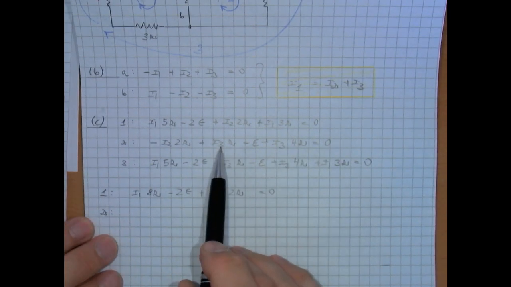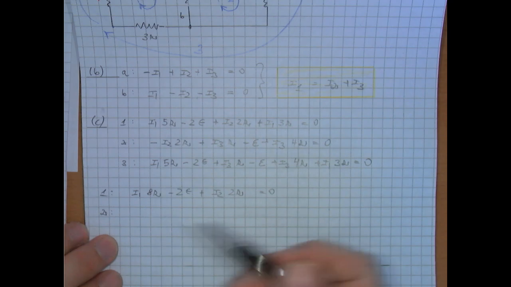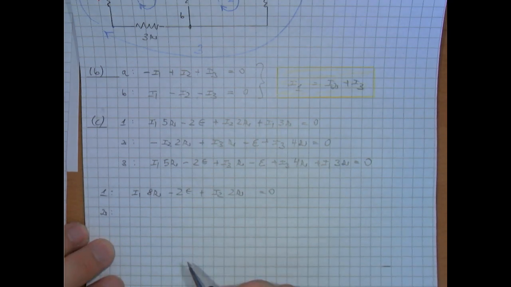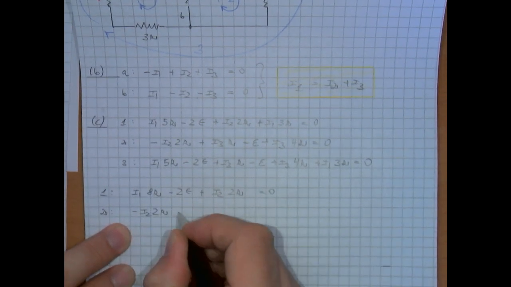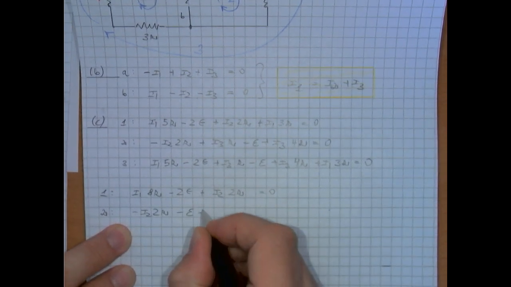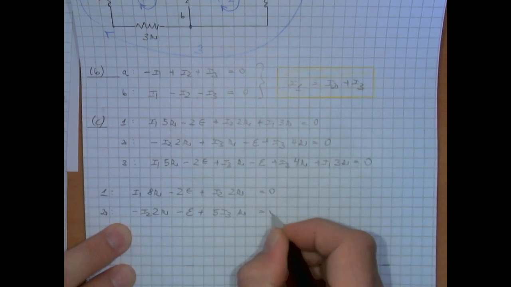You have here a term I3R and I3 4R, so that gives 5 I3R. So therefore we have now minus I2 2R minus epsilon plus 5 I3R equals 0.